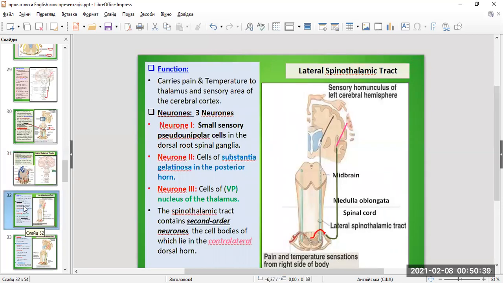Lateral spinothalamic tract. Function: carries pain and temperature to the thalamus and sensory area of the cerebral cortex. Contains 3 neurons. Neuron number 1, small sensory pseudounipolar cell in the dorsal root spinal ganglia.